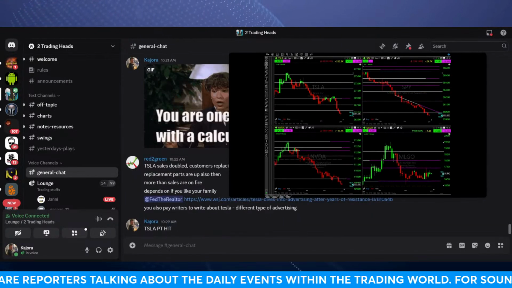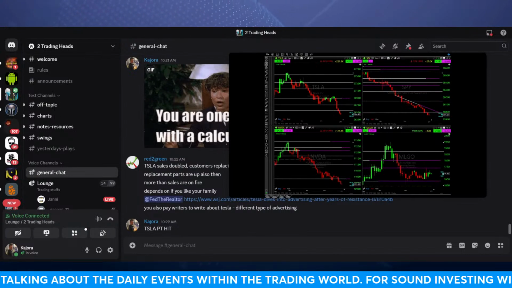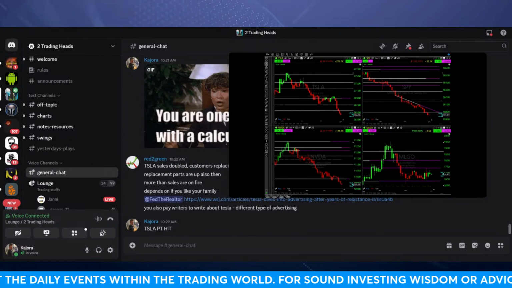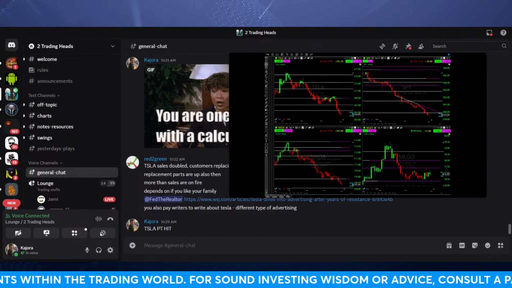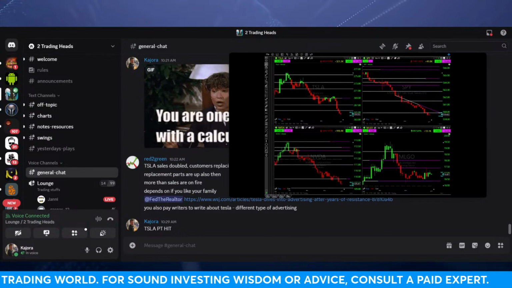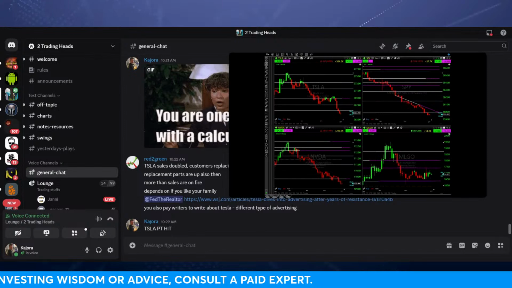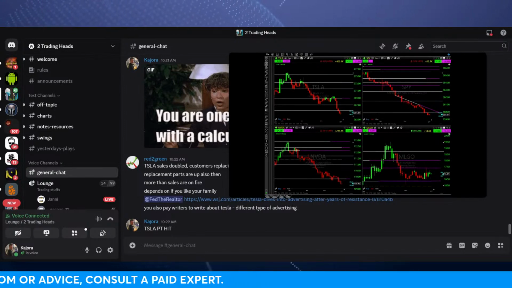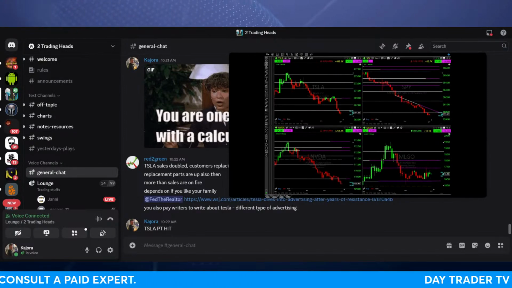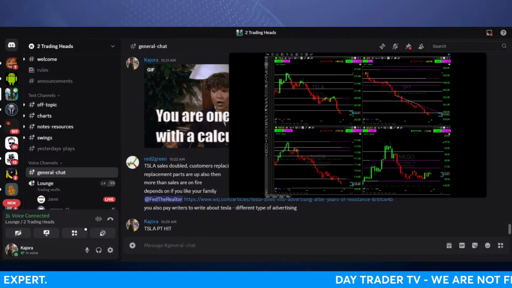So based on Tesla's ATR, we've really only done 10 points of a possible 20, so keep that in mind. Our high was almost 276.